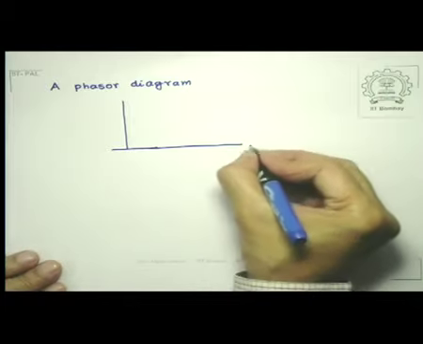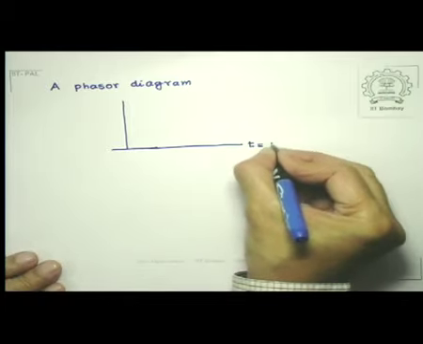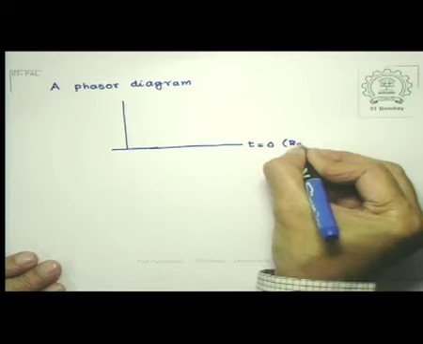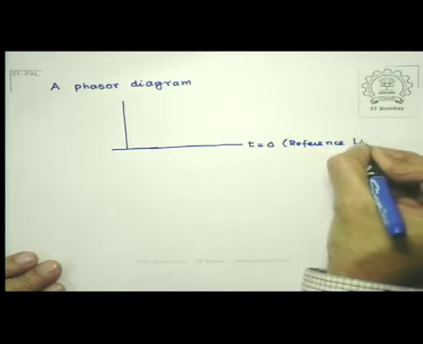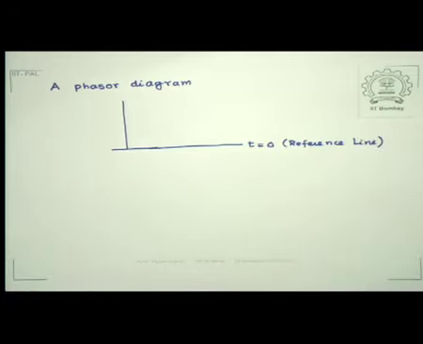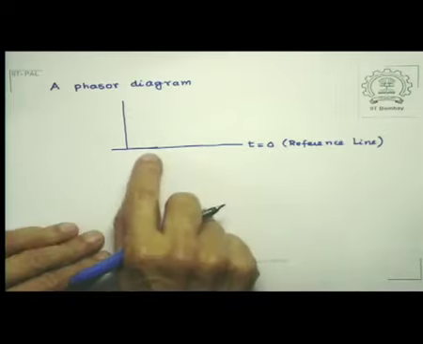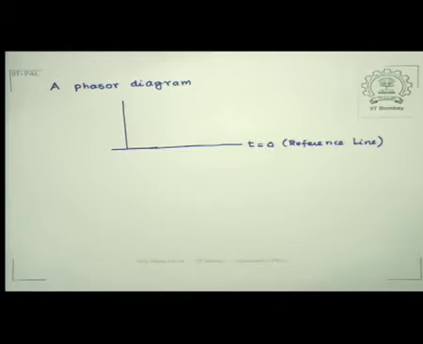So this is some reference line I have taken, with respect to this time, which I call the initial time. I am plotting everything with respect to it. So I assume that at time t equal to 0, I have a vector of length Vm, aligned with this axis.